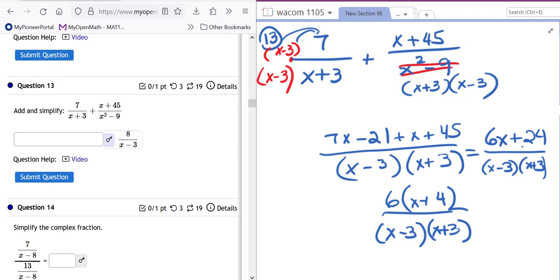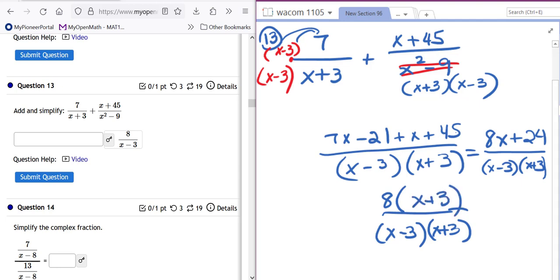Okay, 7 plus 1 is 8, Mrs. H. Which would factor, you could take out an 8, and it leaves x plus 3.